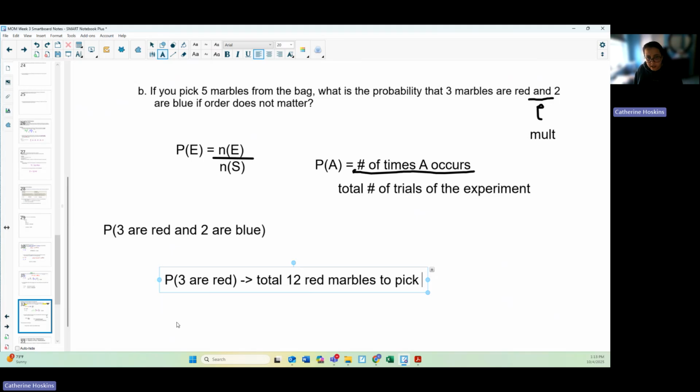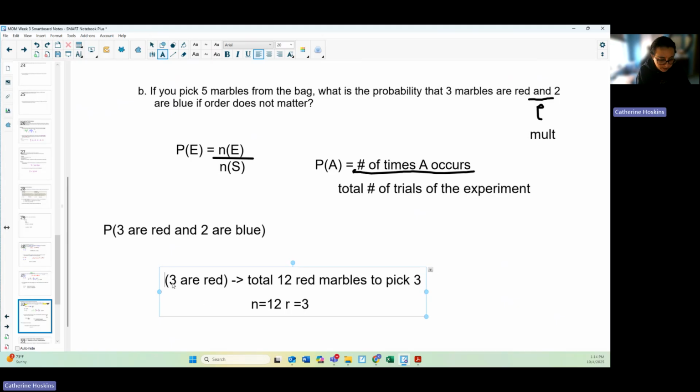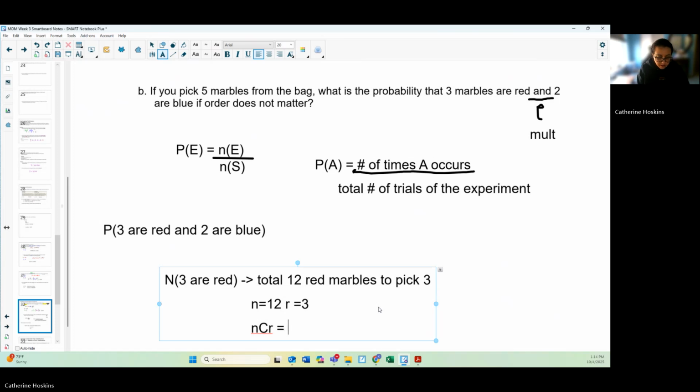We're selecting 3. I'm silly. We're picking 3 are red. So we have 12 red marbles to choose from, and we are going to pick 3. In other words, N is 12 and we are picking 3. Let's do the number instead of probability, the number of red we could choose from. Then we would have NCR 12 comma 3.